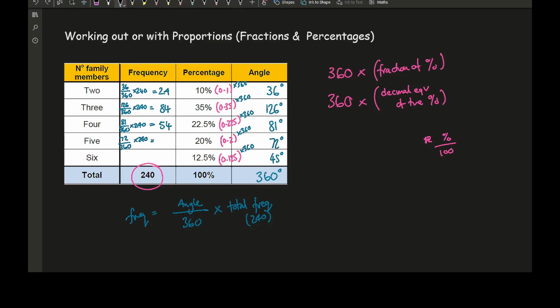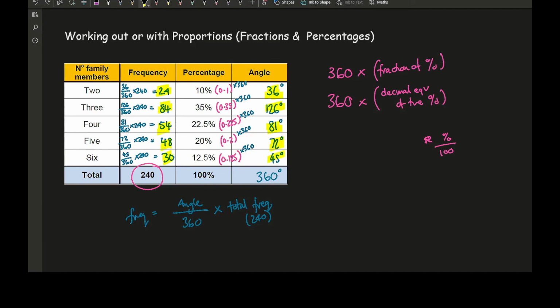Multiplied by 240 gives me an answer of 48. And then with the last one, it's going to be 45 divided by 360 times 240, and that gives me an answer of 30 people.